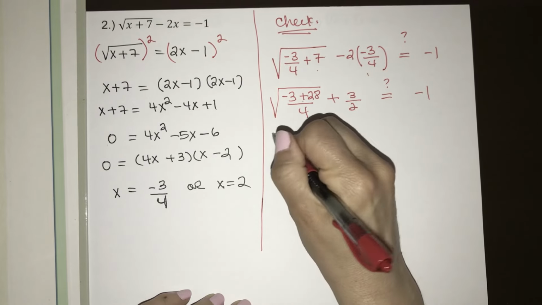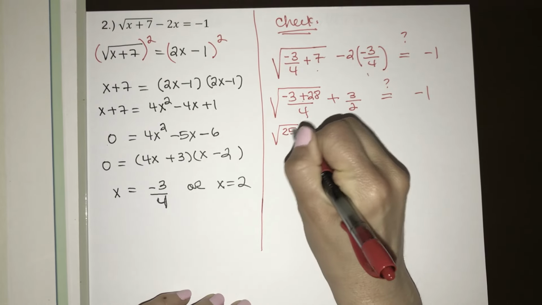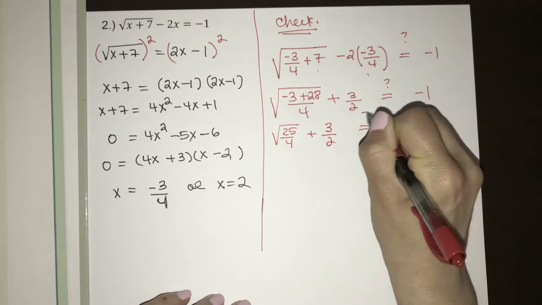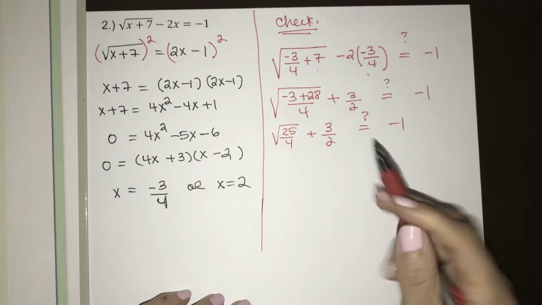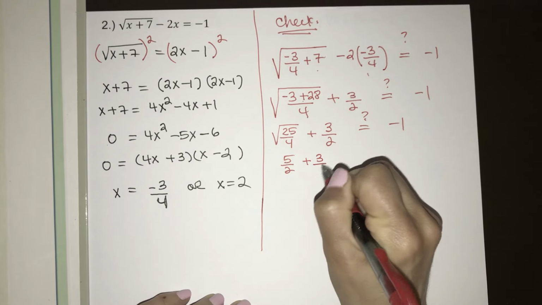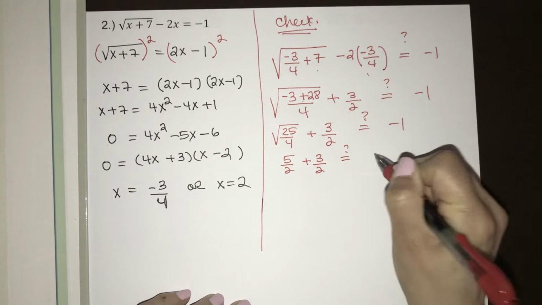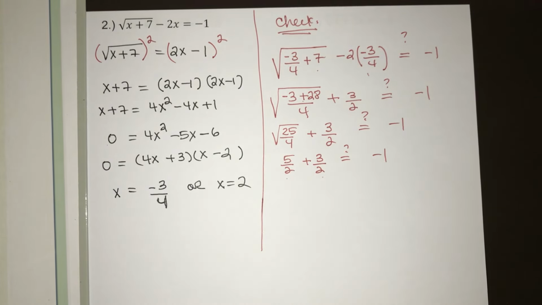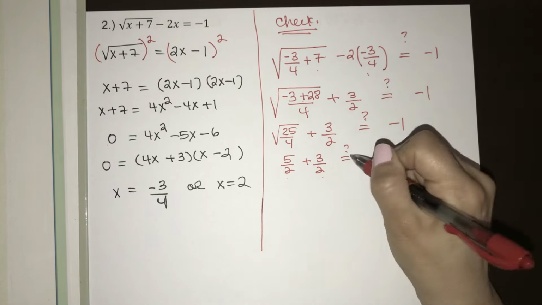That's going to give me the square root of 25 over 4 plus 3 over 2. Take the square root, that's 5 over 2. Okay, so is 5 over 2 plus 3 over 2 going to give us negative 1? No, we are not going to get negative 1. So that will not work.